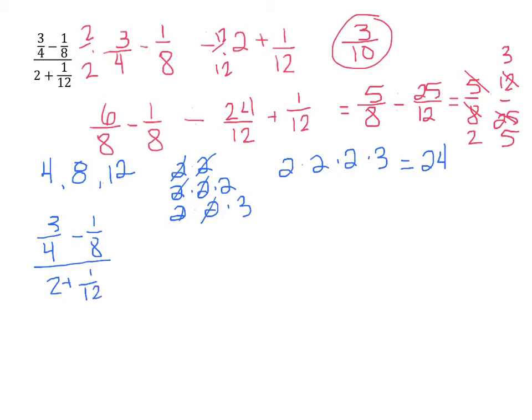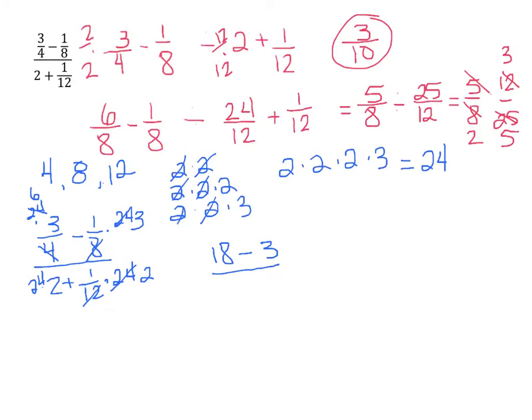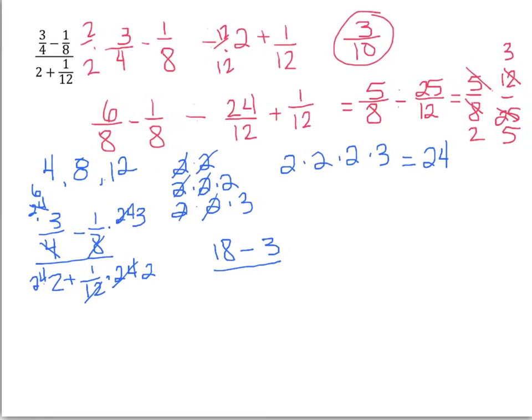So when I multiply this by 24, multiply that by 24, what happens is that denominator cancels, that one cancels, that one cancels, leaving me with 18 minus 3 over 48 plus 2.